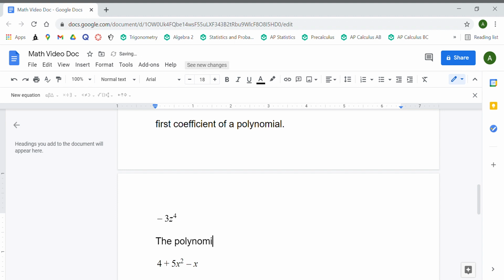I'm just going to write that down. Now I'm going to ask that you classify this polynomial based on its terms. Because this is only one term, this is a monomial.